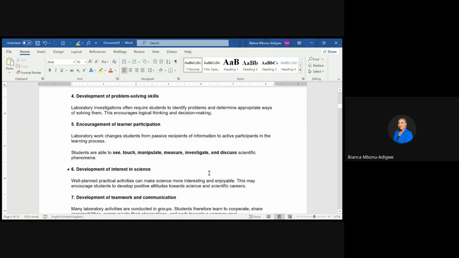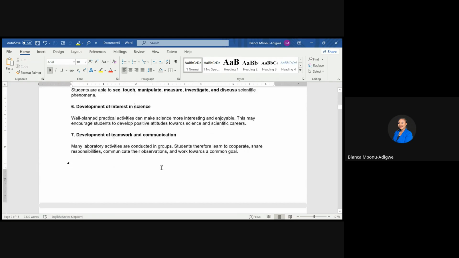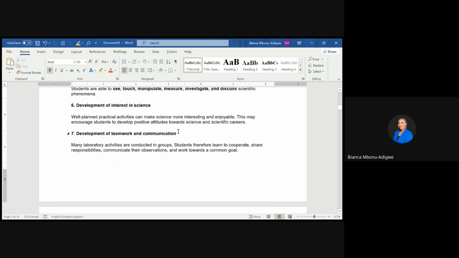And since then, she said, no. She was going straight to arts, so she won't go and die. That was how she explained it. She's a lawyer though, so yes, the laboratory, well-planned practical activities, can make science very interesting and enjoyable, and will encourage students to have positive attitudes towards science and scientific careers.